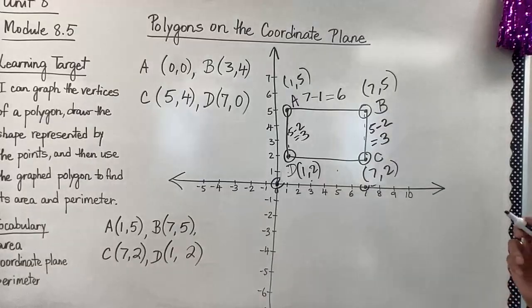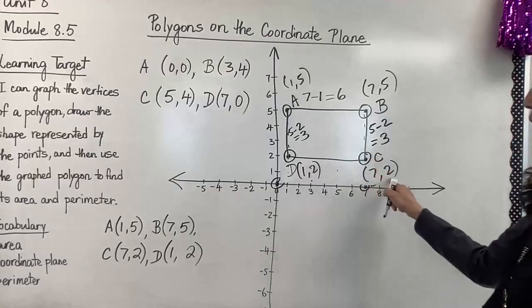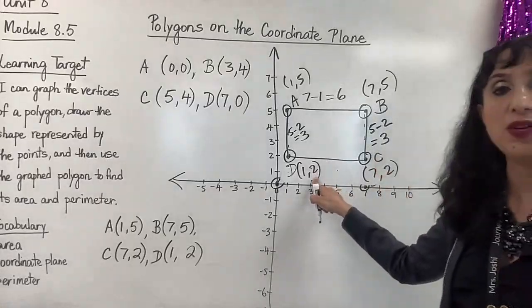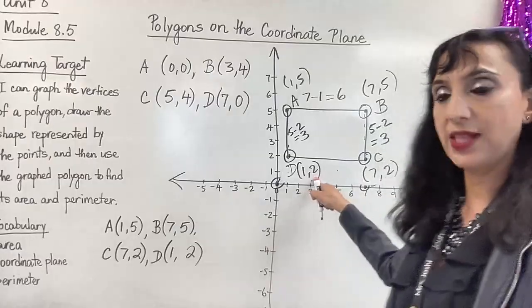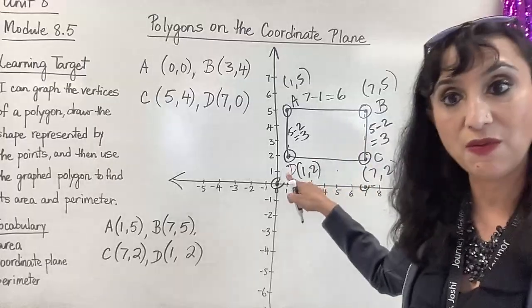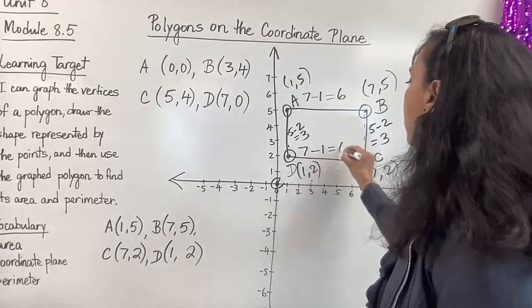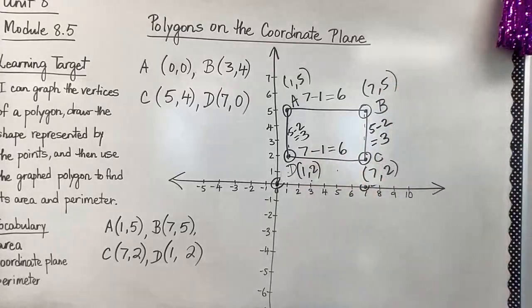And same thing with side CD. My y coordinates are the same, so we are going to subtract just the x coordinates to get that distance. Absolute value of 7 minus absolute value of 1. So once again, 7 minus 1, and this gives me 6.